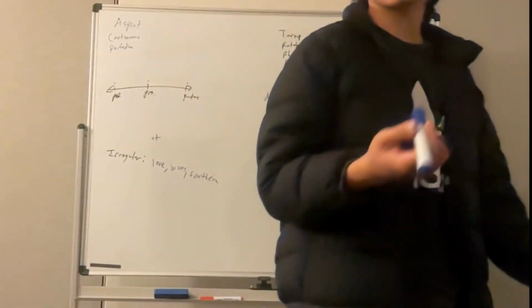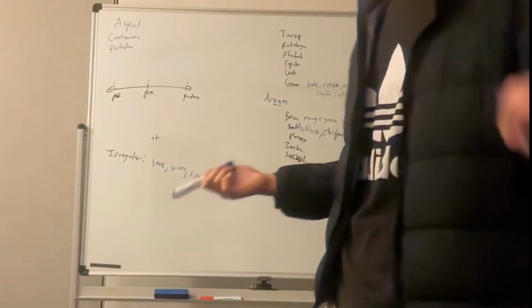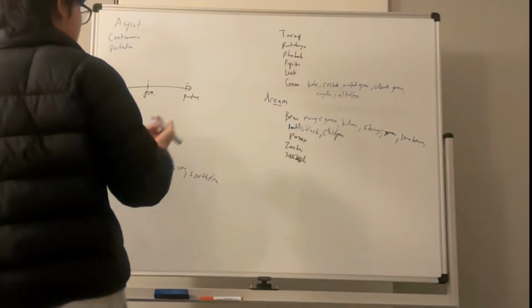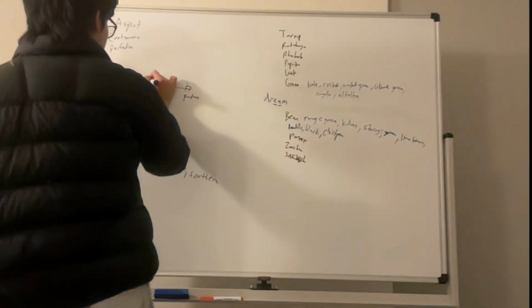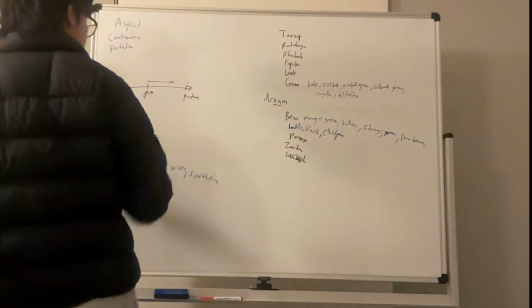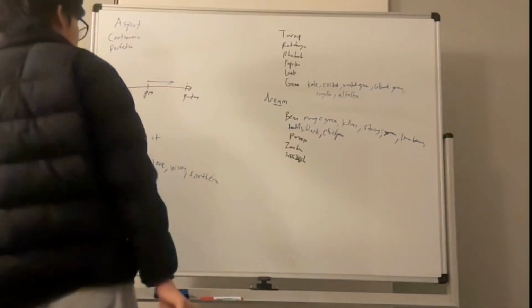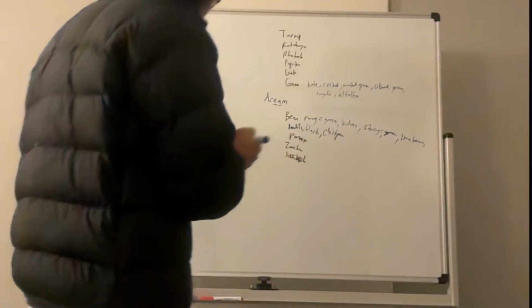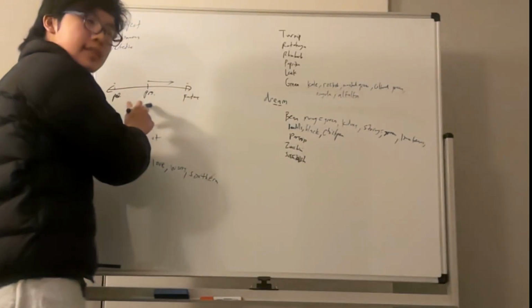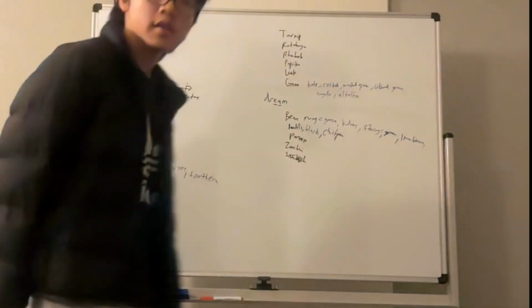Or maybe you don't know when the action started or stopped. But if you view something with a continuous aspect, for example, continuous present, it means this, right? It means you are continuing this action from the present to the future.